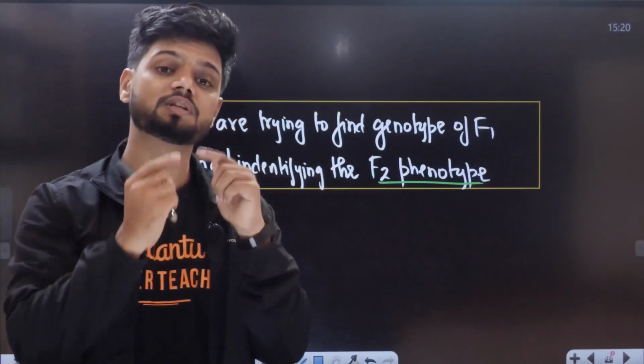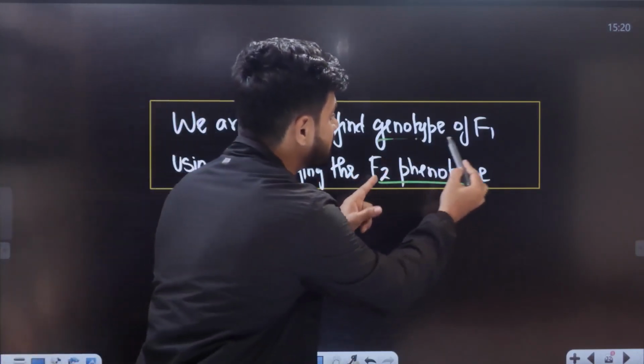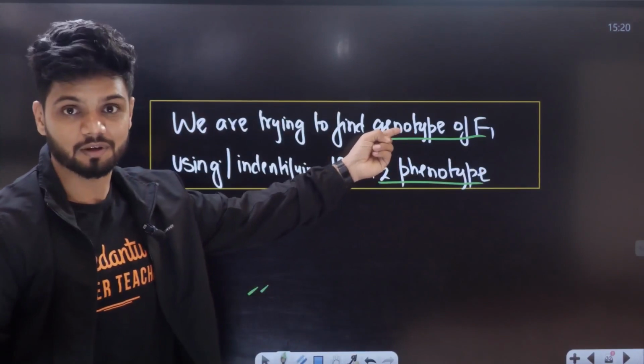By looking at how it looks in F2, we will find the genotype of F1. So from the phenotype we get the genotype.